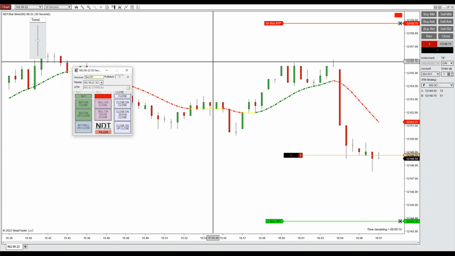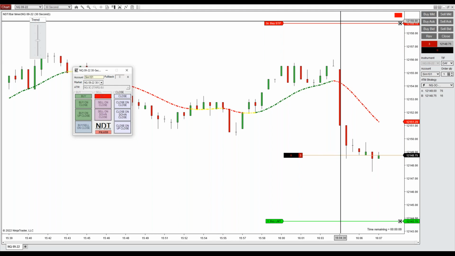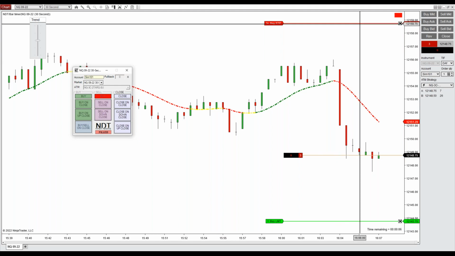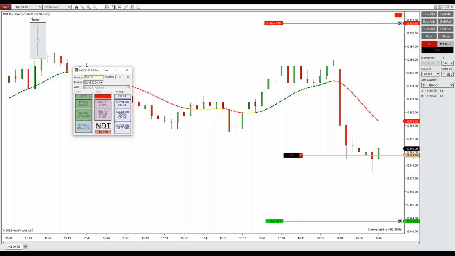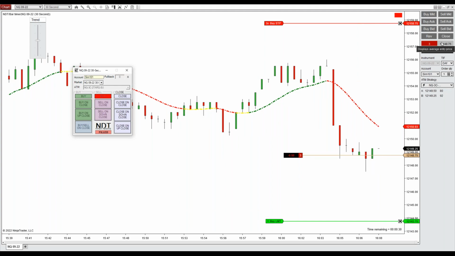Order filled. And you just got a market order on a sell. Now there's your stop, and there's your first target. Now we have Chart Trader open, but this is all simulated trading, so whatever profit or loss we accrue is obviously totally irrelevant.